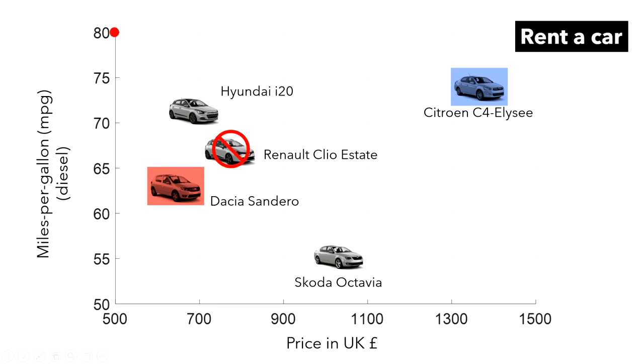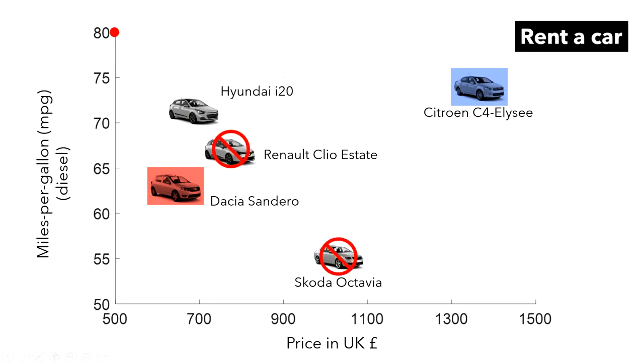So the Skoda Octavia is dominated by other alternatives. I can find alternatives that are better than Skoda on both criteria, which means that Skoda is not in my set of non-dominated alternatives.